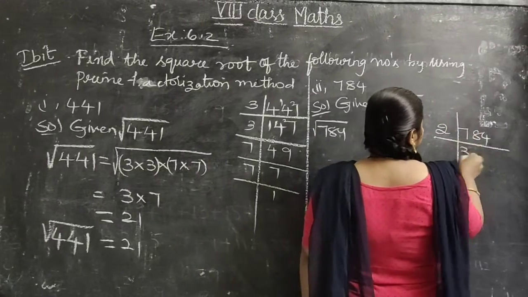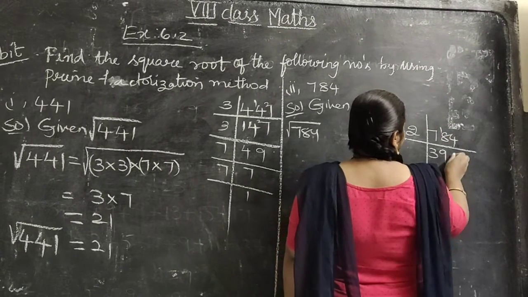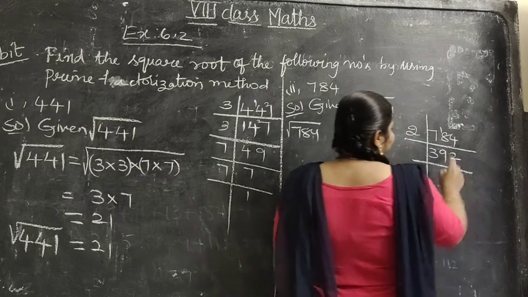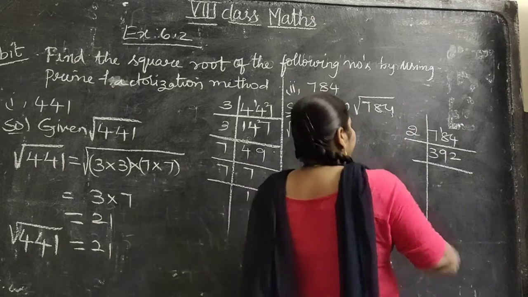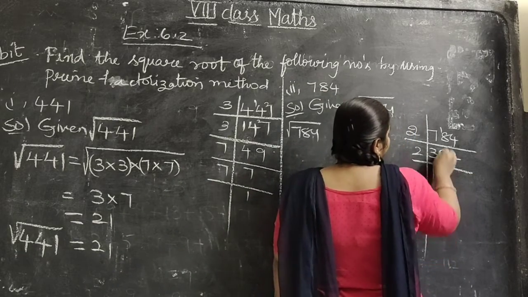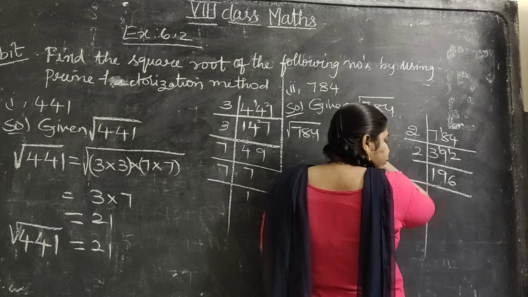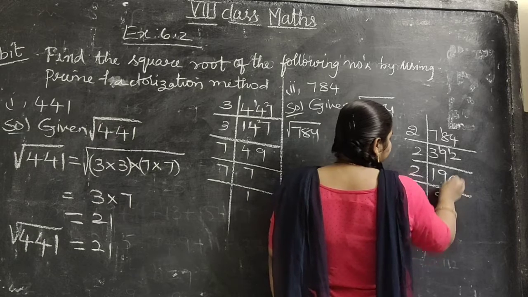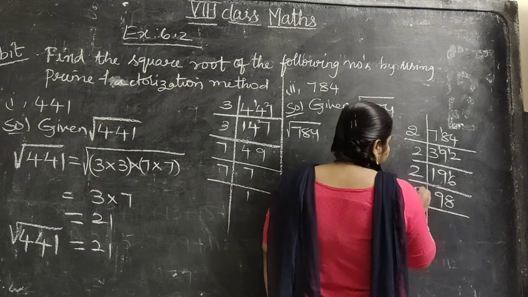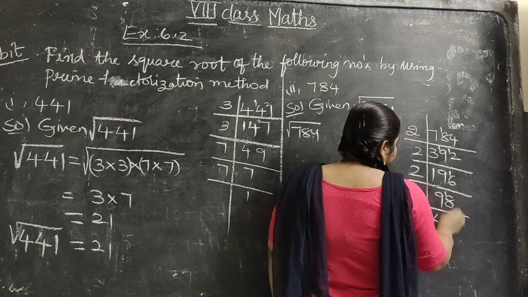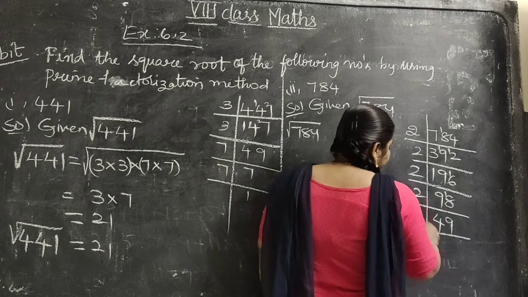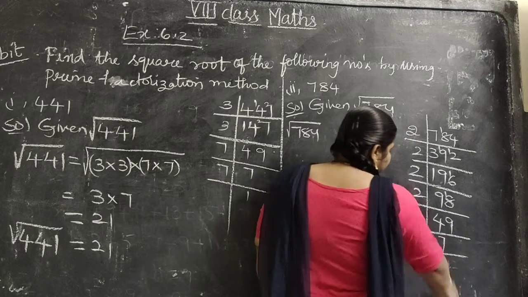So 2 3s are 6, 2 9s are 18, 2 2s are 4. Again last digit is even number, so we can take in 2 table. 2 1s are 2, 2 9s are 18, 2 8s are 16. Again 2 table. 2 4s are 8, 2 9s are 18, 7 7s are 49, 7 1s are 7.